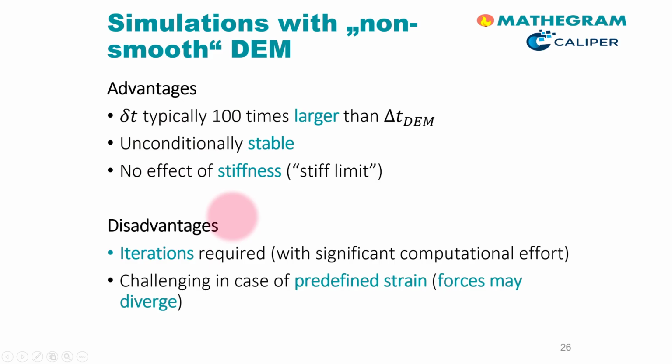Second, because of the infinitely stiff particles, simulations with a predefined strain or motion are challenging. The problem is that forces may diverge since, again, particles are assumed to be infinitely stiff. This results in typically huge stress fluctuations in the predictions when using such a non-smooth DEM. Exactly this is what we will show later.